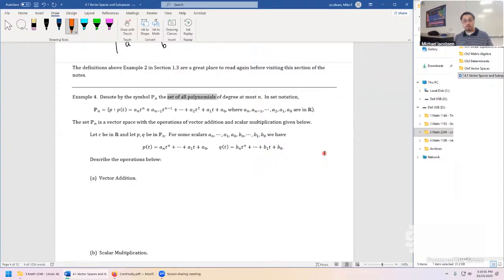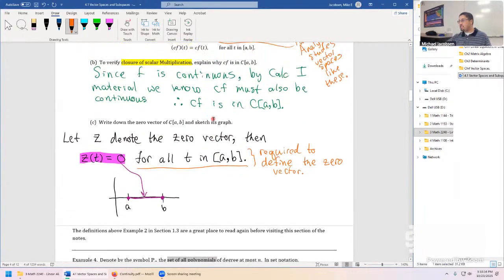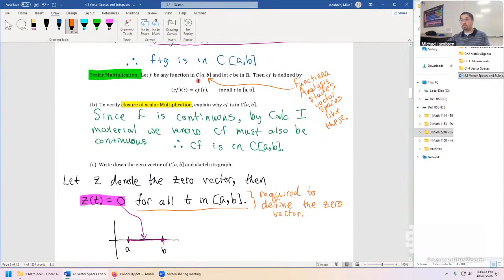You still get a continuous result every time you differentiate them. They're wonderful functions. And the polynomials we're going to define have a domain that's all real numbers, but you could restrict the domain to a closed interval [a, b], and the polynomials are just a subset of C[a, b], the space of all continuous functions. There's polynomials inside here, they just have a limited domain.